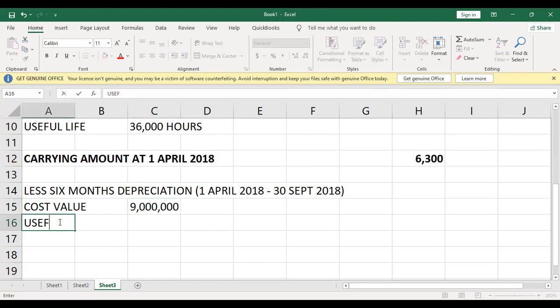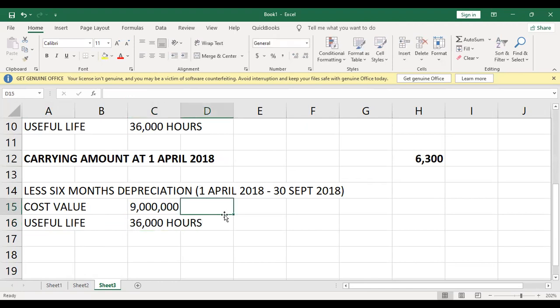Useful life is 36,000, multiplied by 1,200 hours.